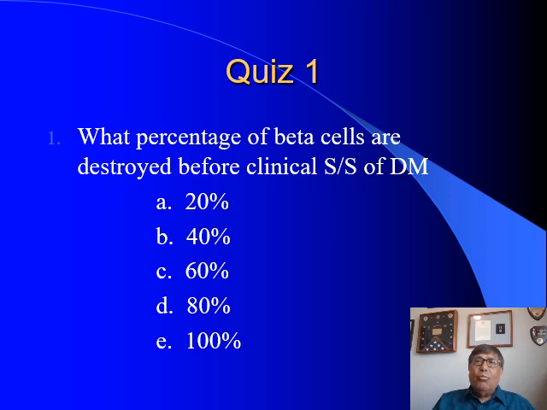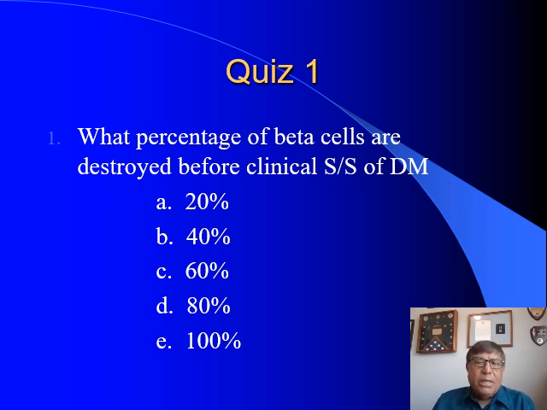You don't have to wait for the ketones to clear from the urine, because it takes a much longer period of time. Okay, let's come to this quiz and see how much we can get out of this.